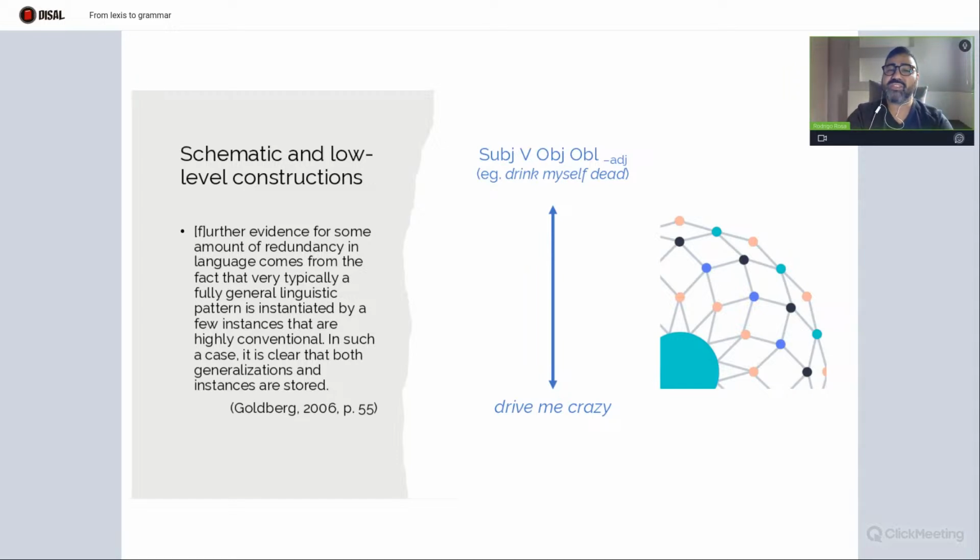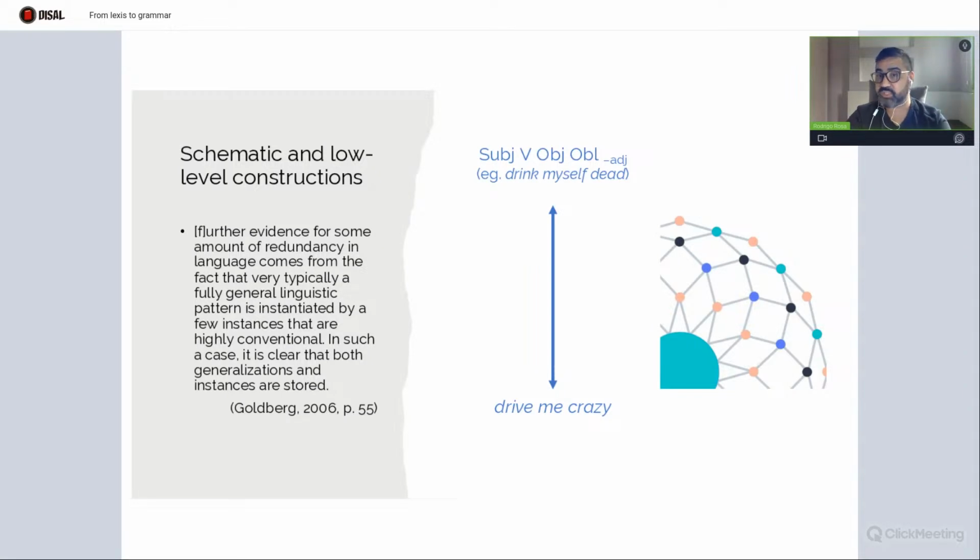And with this formula, let's say, with this scheme, what can we do with it? We can create other instances, other examples of this kind of construction that is called, this has a name, the resultative construction, okay?